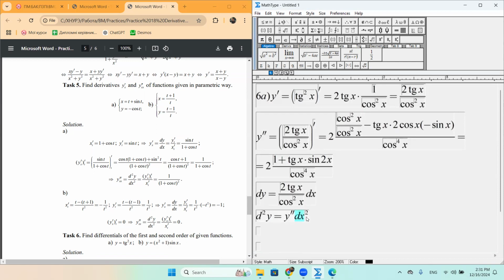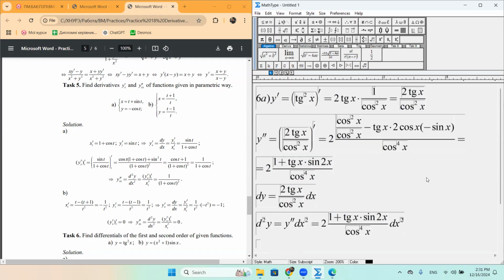Basically, it means like the square of the whole dx, but usually it's not written in brackets. So how does it look? Just dx2, dx in power of 2. And that's a solution. Any questions about this task?